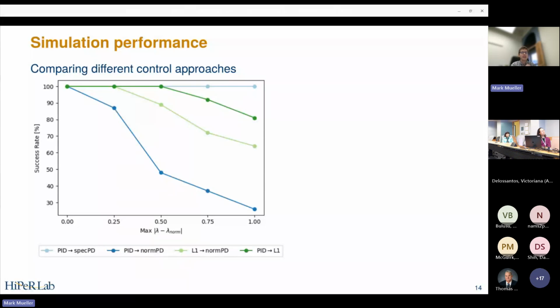The 2 green lines are if you do L1 adaptive control at the low-level feedback control, the way I've described we want to do the L1 control, that's the dark green line, and the other one is if you do L1 control at the outer layer, leaving an inner nominal PD controller here. So you see that, in this particular case, the L1 control is certainly much better than the fixed parameter controller. You have fairly good performance, but if I vary the vehicle enough, even the L1 adaptive control starts to struggle to control these vehicles, right? So if the parameter deviations are sufficiently large.